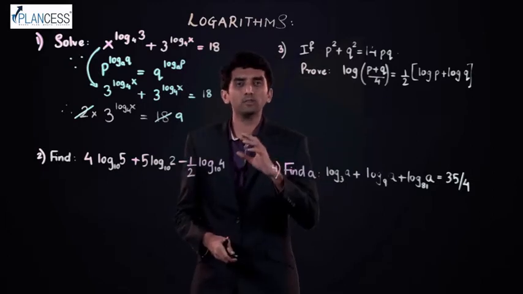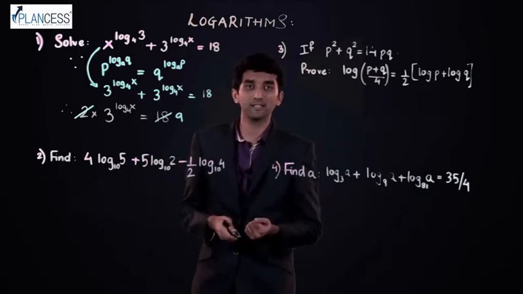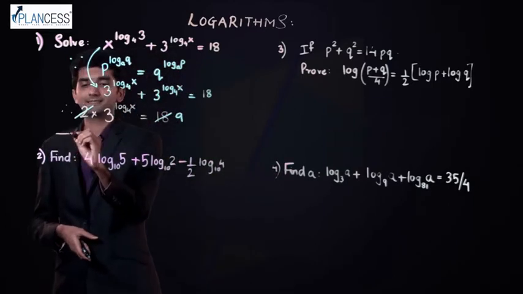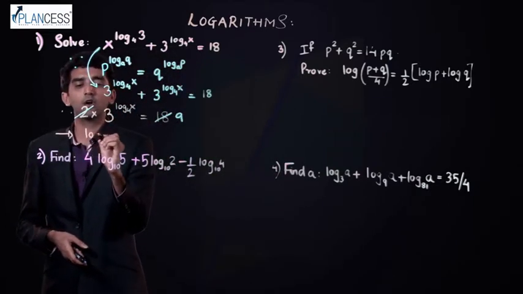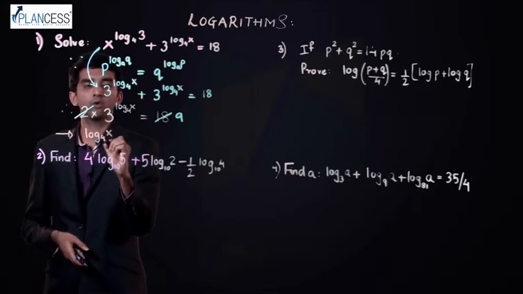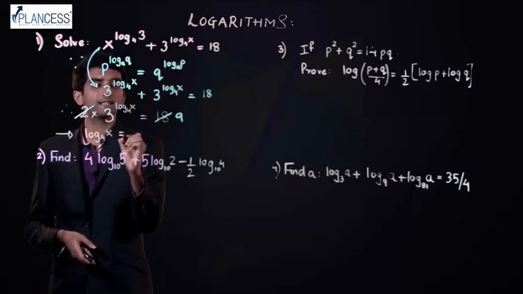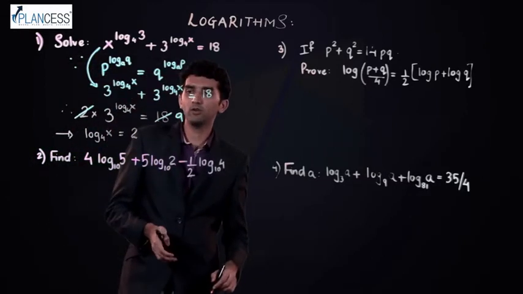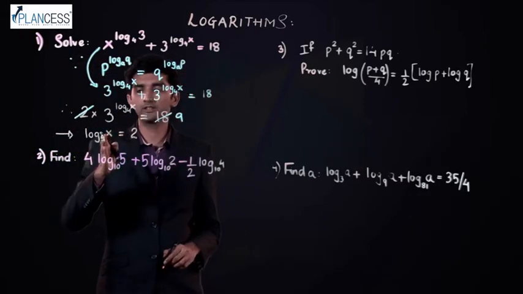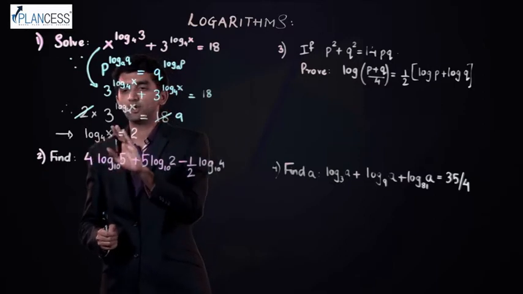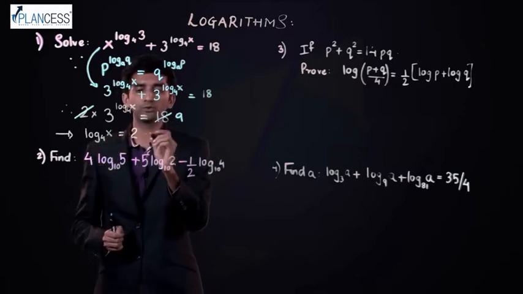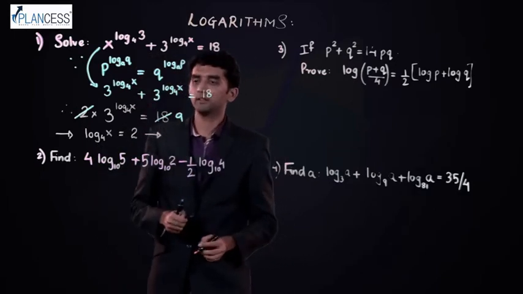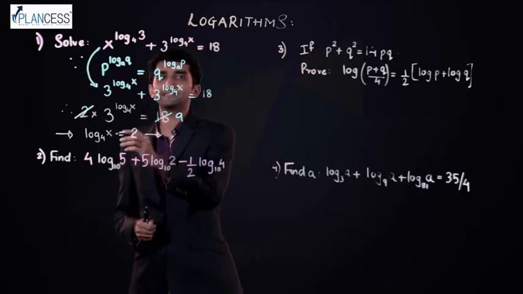Now 3 raised to what is 9? No doubt it is 2, because 3 square is equal to 9. This clearly suggests that log x to the base 4, this value over here, is equal to 2. Now we will ask the question: since log x to the base 4 is 2, 4 raised to what is x?